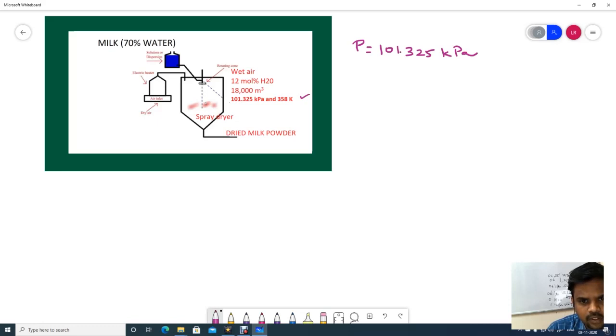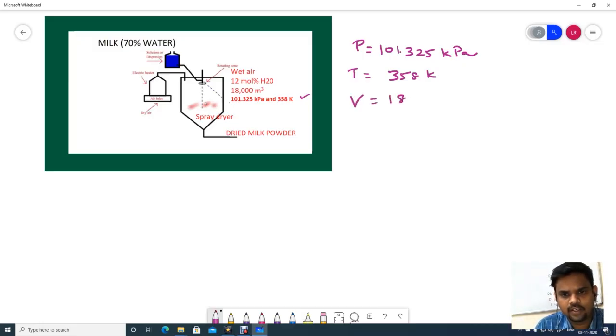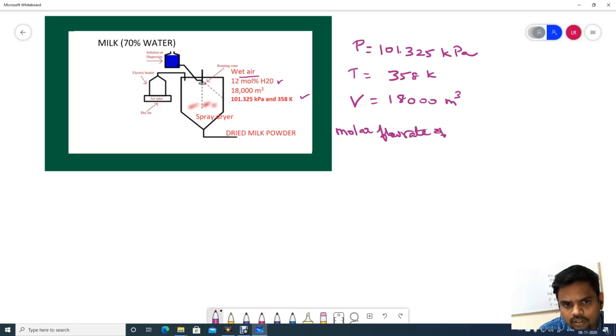Temperature is given, please write down 358 Kelvin, and volume is given as 18,000 meter cube, and mole percentage of water is given, which we will make use of later. So this volume we can convert to the molar flow rate of wet air, the air leaving the system.